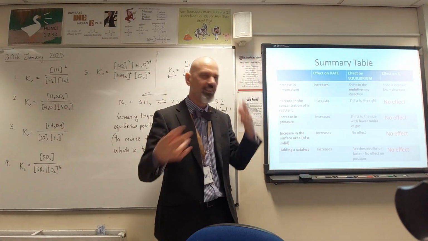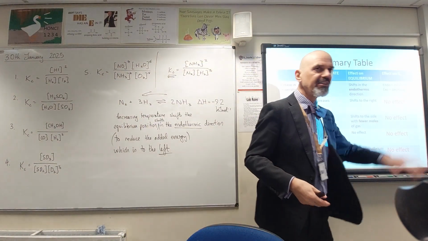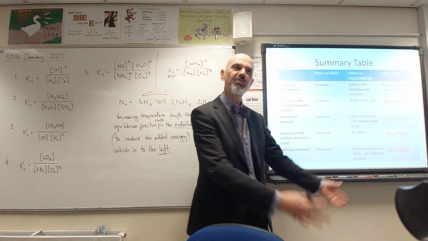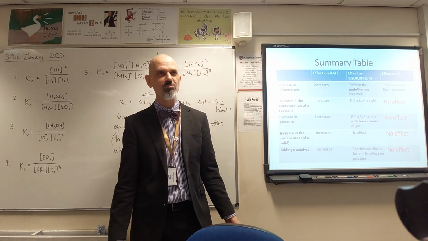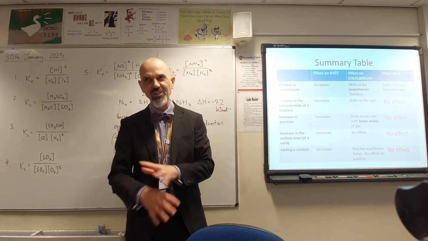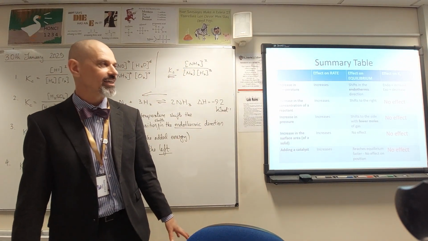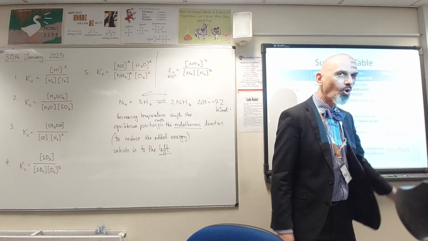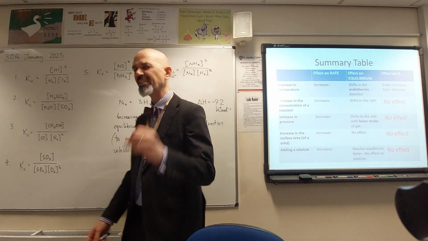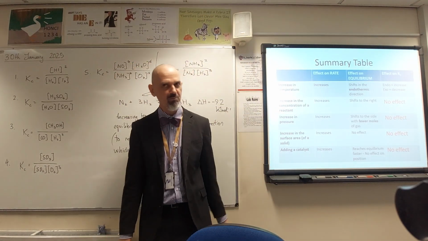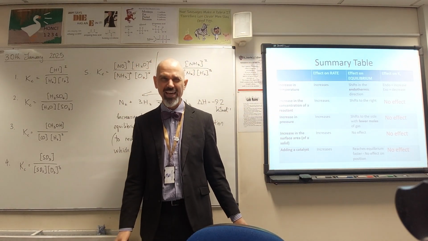That's to minimize the change. And then it'll say, what's the effect on Kc? And you just fall straight into that trap. It's really easily done. It happens all the time for unsuspecting year 12s. So please just make lots of noise on your page. Kc is a constant at a given temperature.